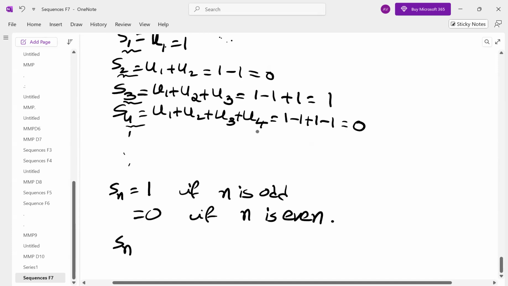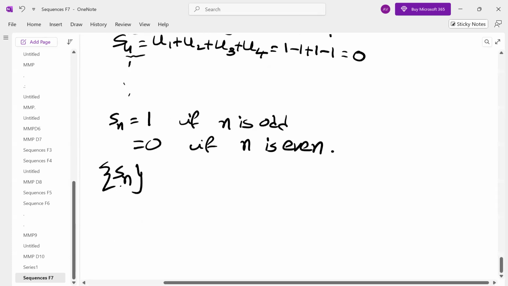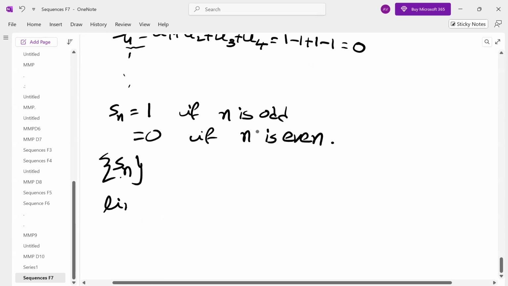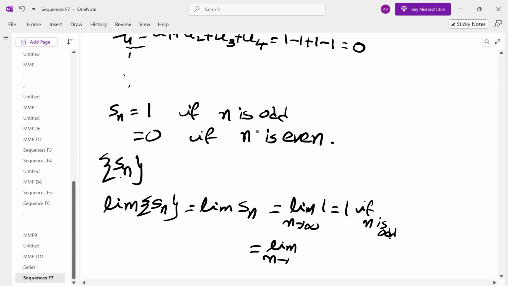Therefore, what can you say about the sequence formed by this? We want to find the limit of the sequence. What will be the limit of the sequence? It is nothing but the limit of the nth term, which will be limit 1 if n is odd, and limit 0 if n is even.